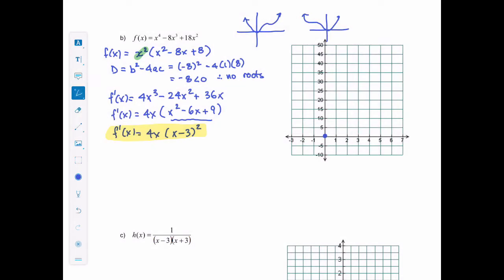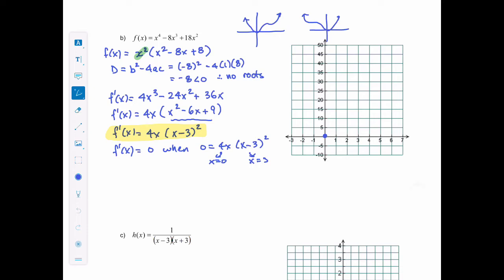Now, what I got to do is set f prime of x equal to 0, when we have 0 is equal to 4x, x minus 3 all squared. And here we get x equals 0, and here we get x equals 3.